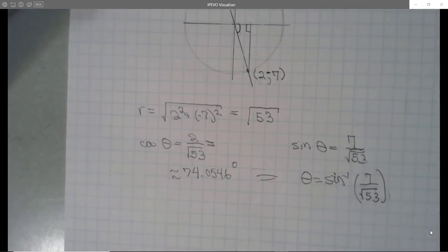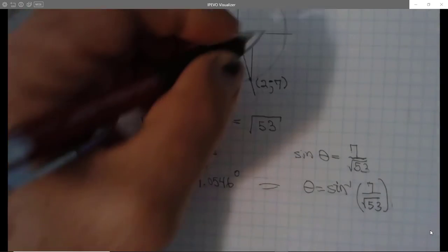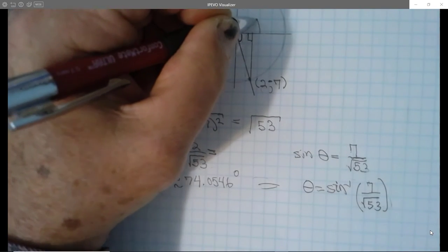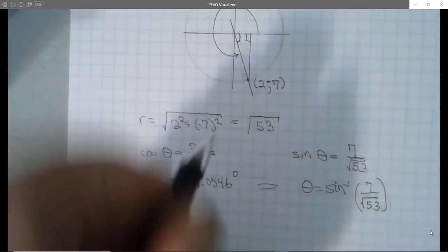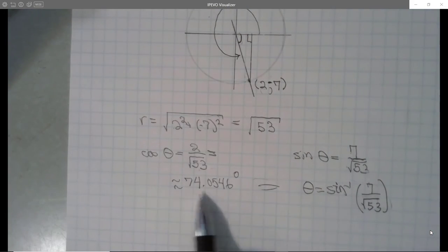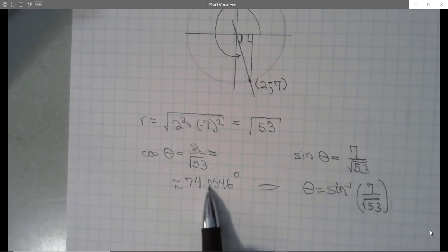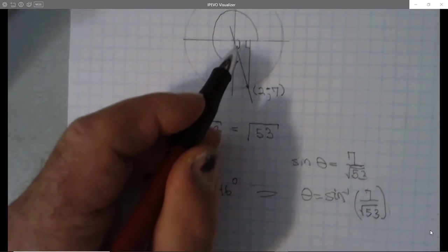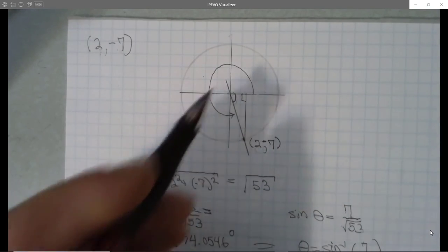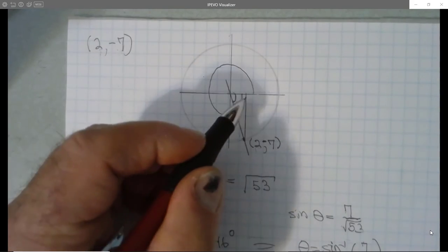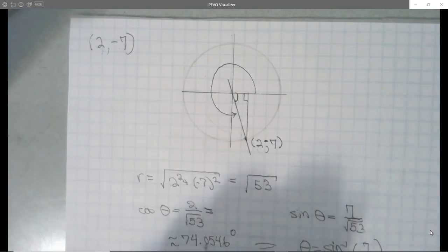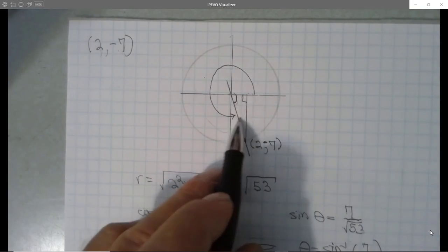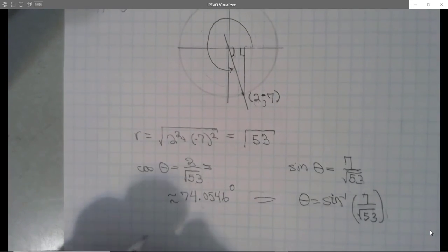Now, that does not answer the question, though. The question is, we want to know what the angle is. What we have computed is the reference angle. So the reference angle is 74.0546. And from the geometry, looking at the picture, we know that if you come all the way around, you'd have 360 degrees, and then we've got to back up by this amount of the reference angle.